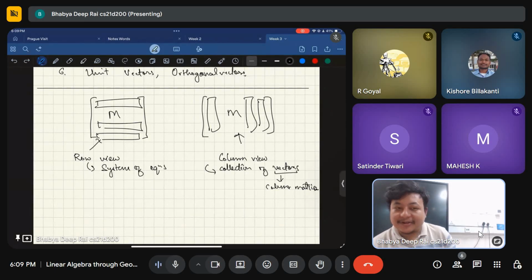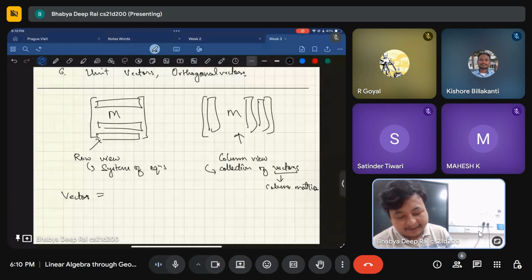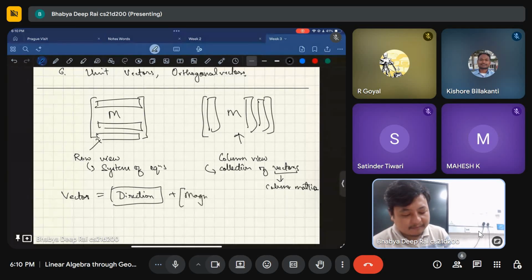So it is not actually representing a point in space. Philosophically, a vector is talking about movement across space, movement in a straight line, which is also called displacement.